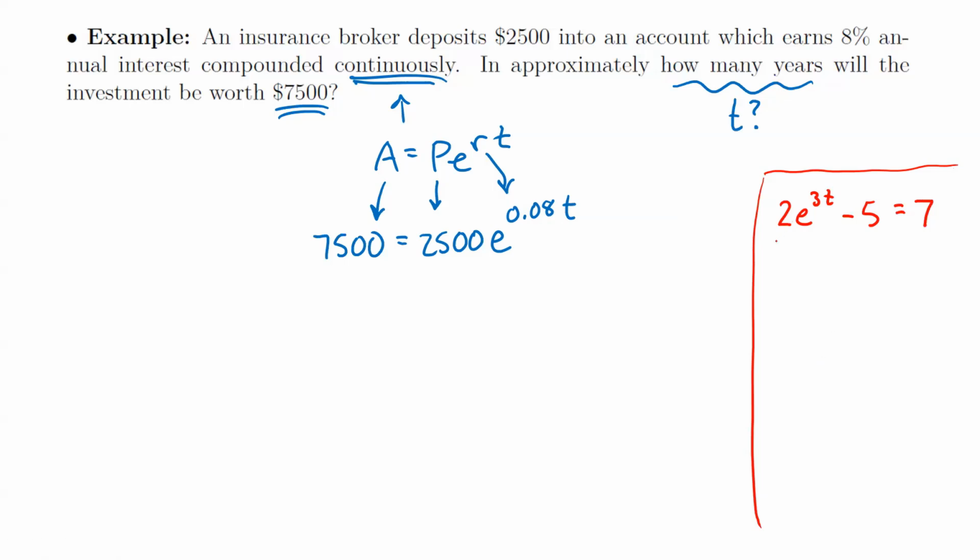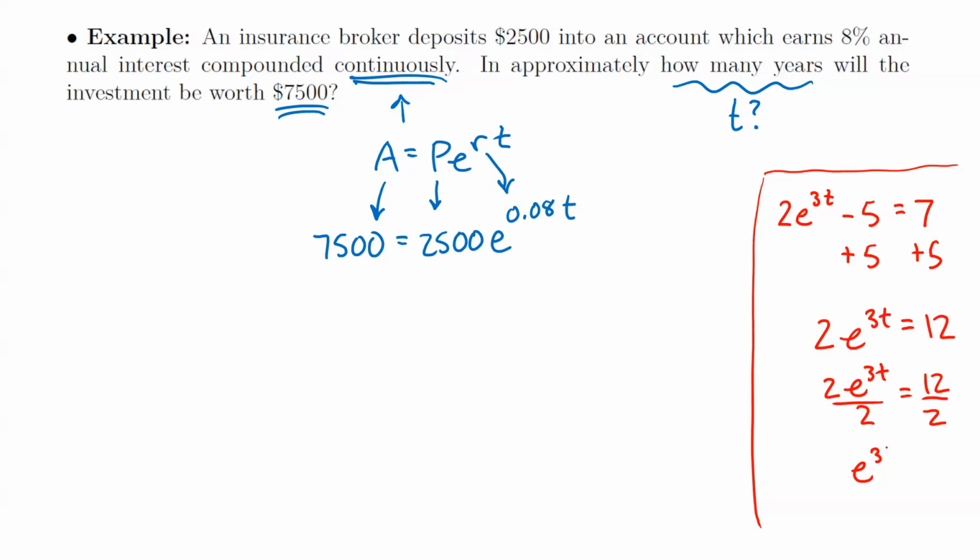All right. We have worked on solving this. Remember, we have an exponential, and we want to solve for something up in the exponent. So we need to get the exponential by itself first. We, of course, would divide by 2 on both sides.